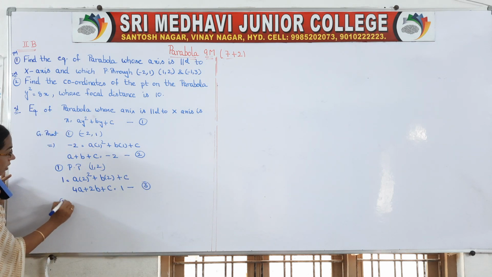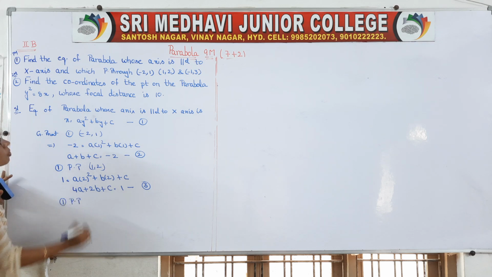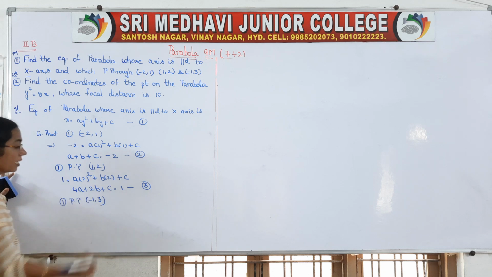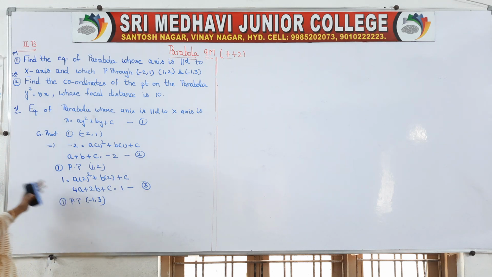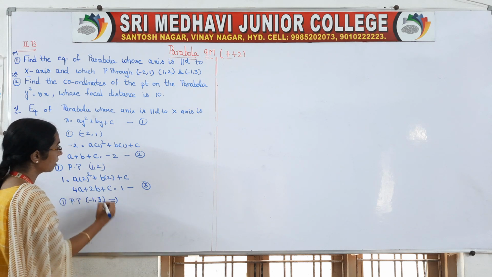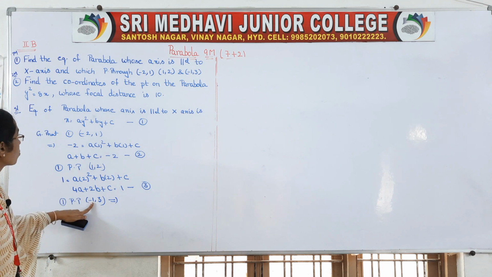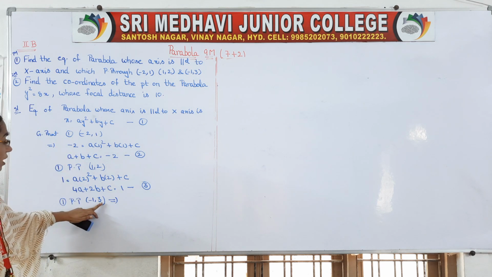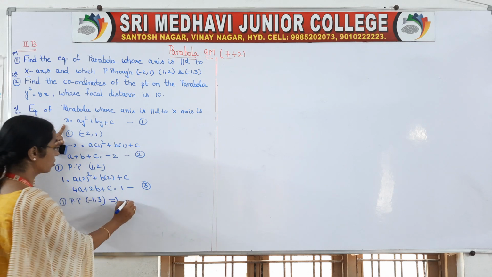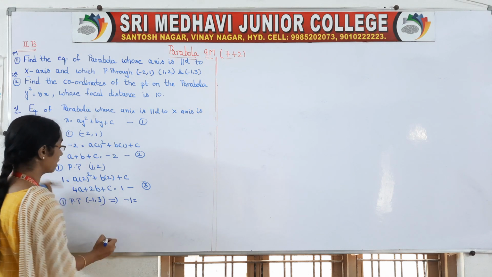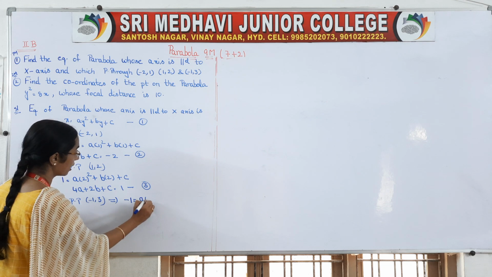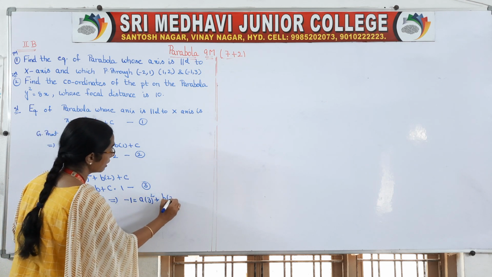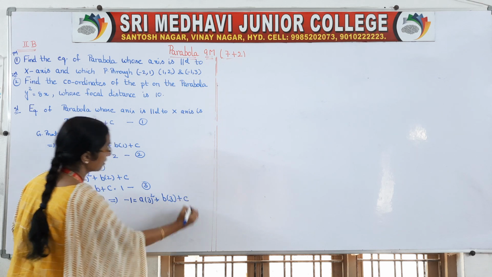Next, it passes through which point? That is (-1, 3). Same thing, this point satisfies the parabola equation. Where x coordinate is there minus 1, y coordinate is there 3, we have to take. So minus 1 is equal to a into 3 square plus b into 3 plus c.